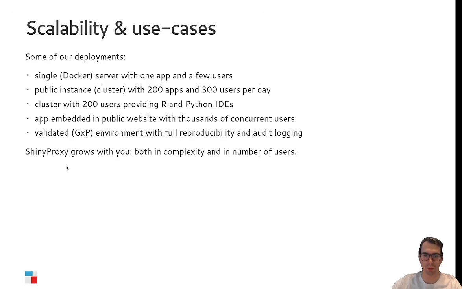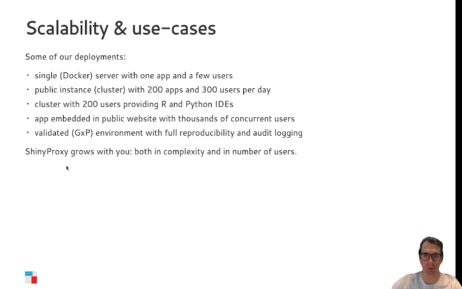We also have a deployment where an app is embedded in a public website that's being used by thousands of concurrent users. And we also do some deployments in a validated or GxP environment where full reproducibility and audit logging is very important. So the conclusion here is that ShinyProxy grows with you, both in terms of complexity and in the number of users.